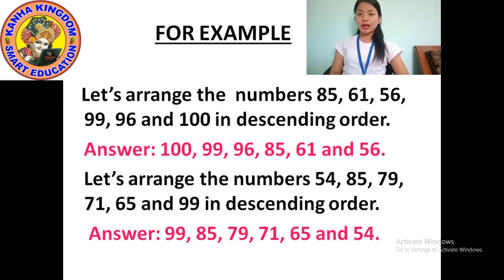So 79, right? The third biggest number is 79, and the fourth biggest number is 71. So 71 is the fourth biggest number.